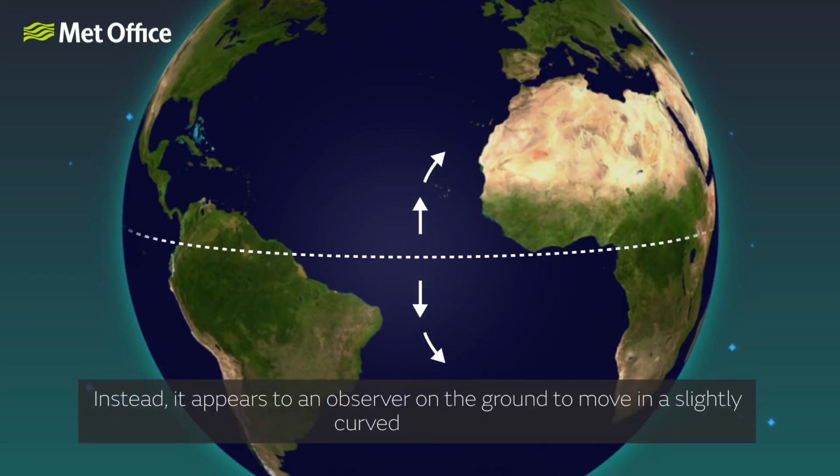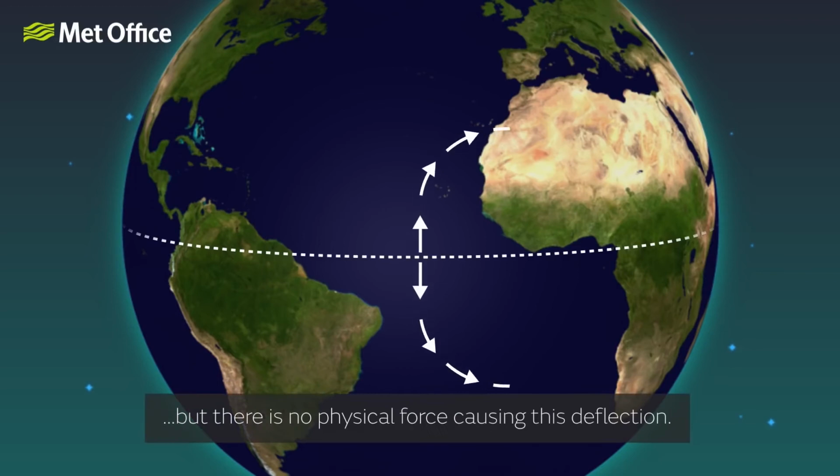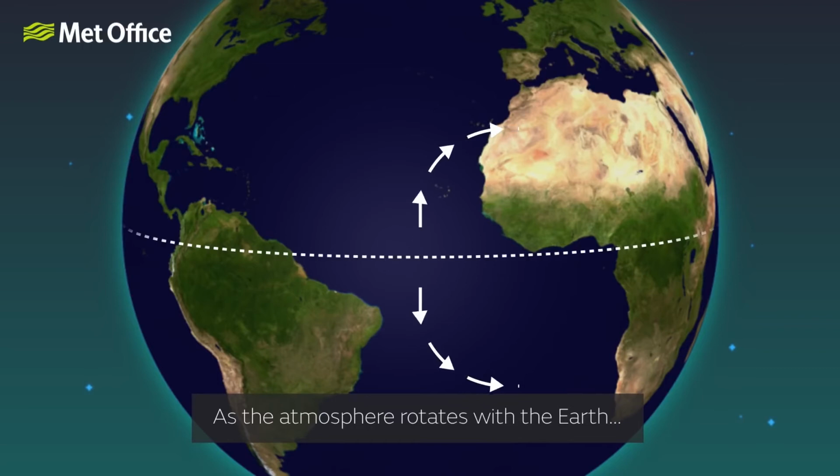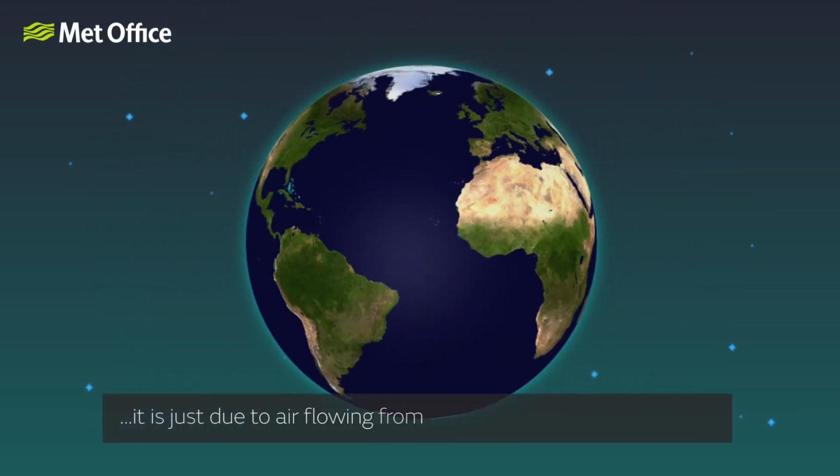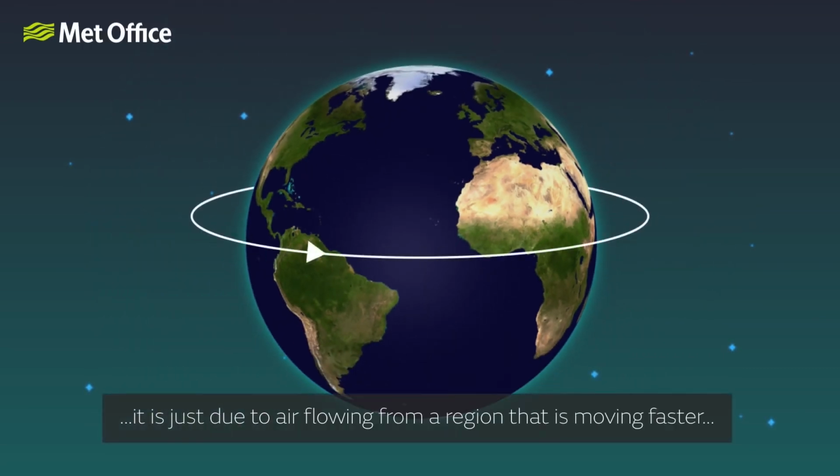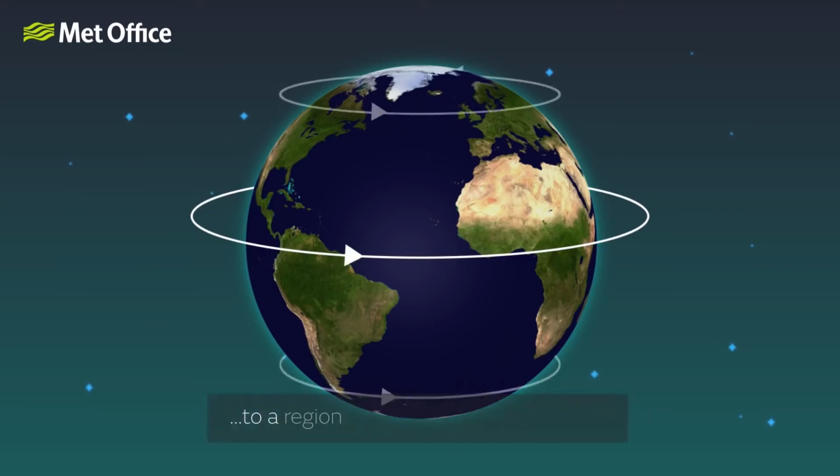Instead, it appears to an observer on the ground to move in a slightly curved direction. But there is no physical force causing this deflection. As the atmosphere rotates with the Earth, it is just due to the air flowing from a region that is moving faster to a region that is moving more slowly.